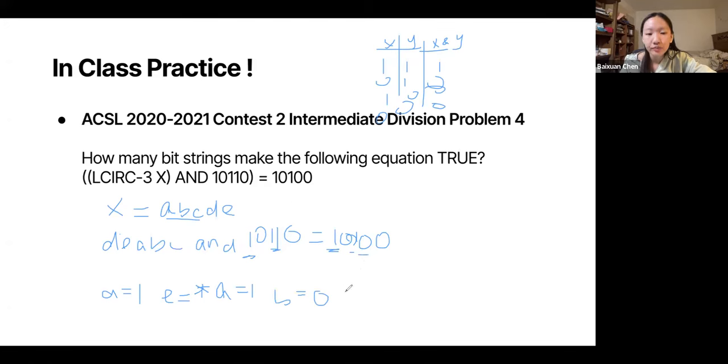And then lastly, for C, it'll be the same case as E, right? There's a 0 at the end and a 0 right here. So then we see that C can be either 1 or 0, because both 0, 1 and 0, 0 return a 0. So then we'll say C is an asterisk again, right? So then X is equal to 1, 0, asterisk, that is A, B, C, D, E, 1, asterisk.